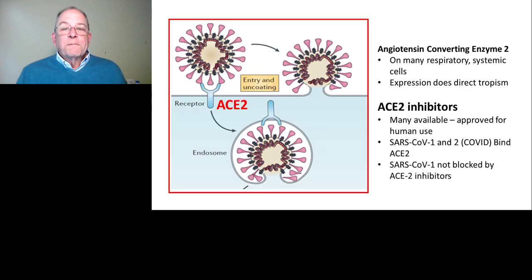Okay, so the other place that people are interested in, of course, is ACE inhibitors. That is, those things that might bind to ACE2, to angiotensin-converting enzyme 2, and compete with the virus. I think there are many of these that are available that are used for multiple functions, and many of which could be repurposed. The challenge is that they might not bind the same place on ACE2 as the virus does.